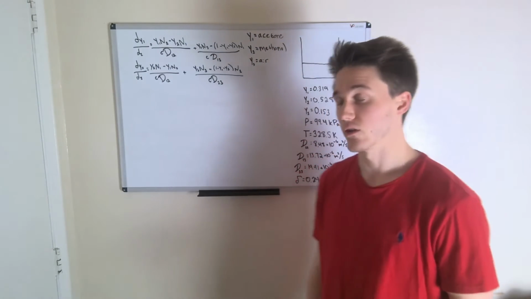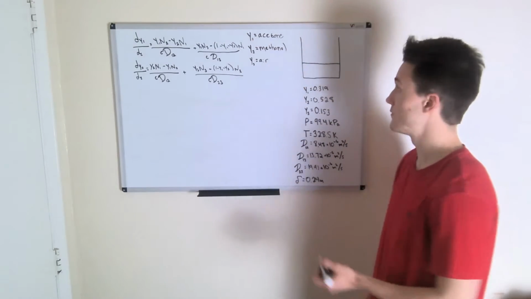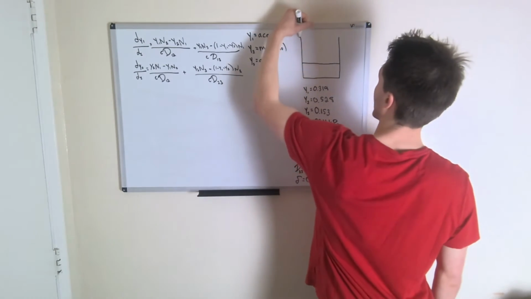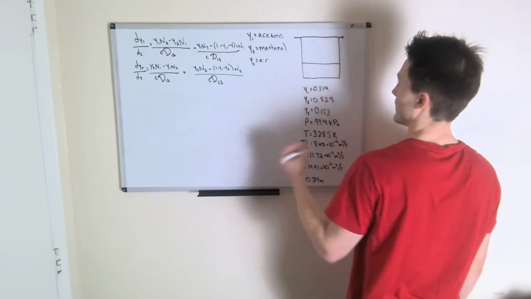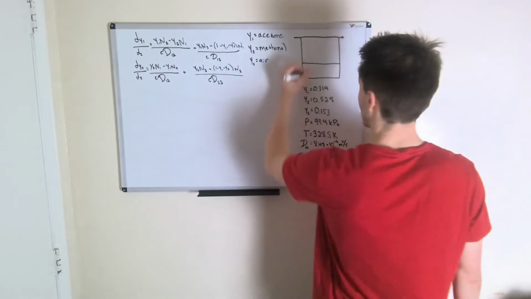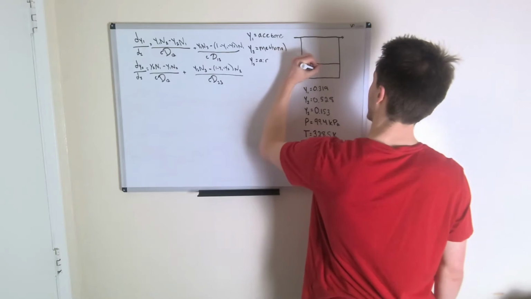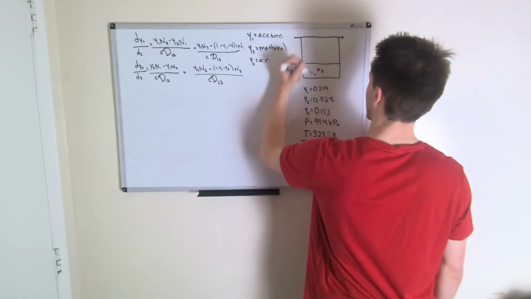So today we're given a problem which has a tube with a steady stream of air flowing over the top of it. This tube also contains a liquid composition of acetone and methanol.